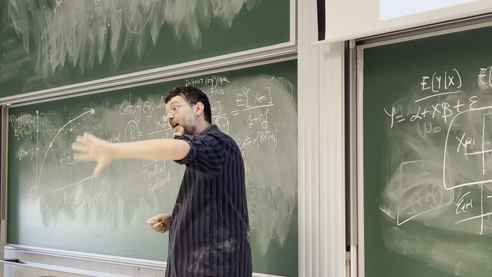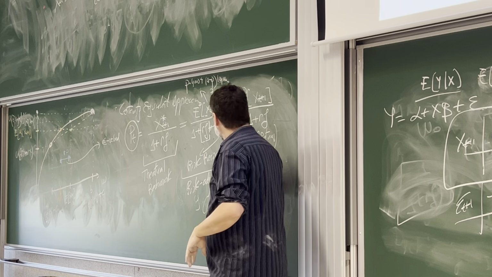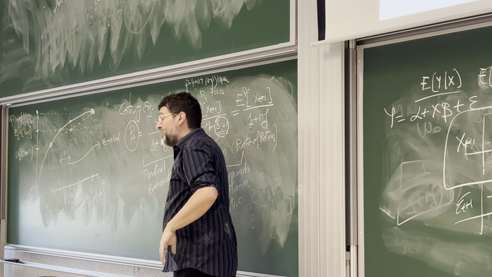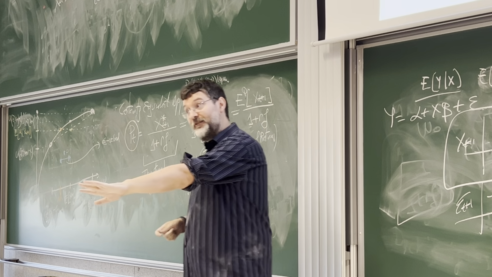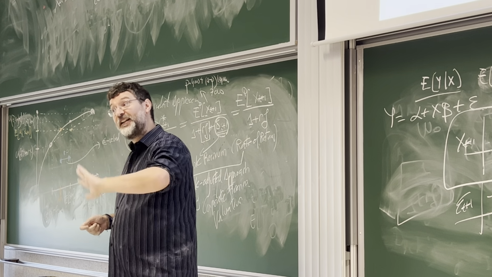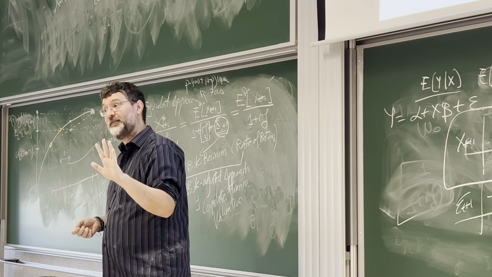If you were able to do that, then the numerator is the same, and you could discount at the risk-free rate. And that's more convenient, because the risk-free rate is something that I can observe directly.